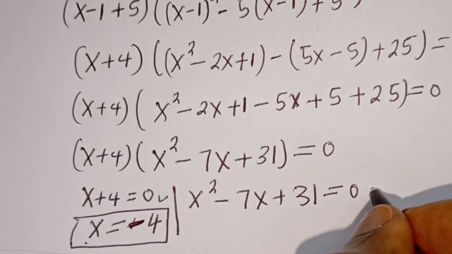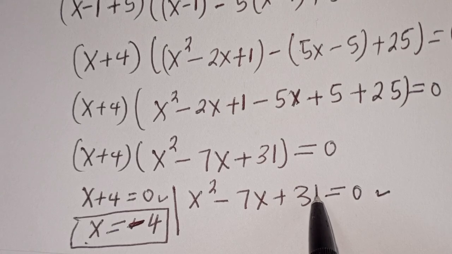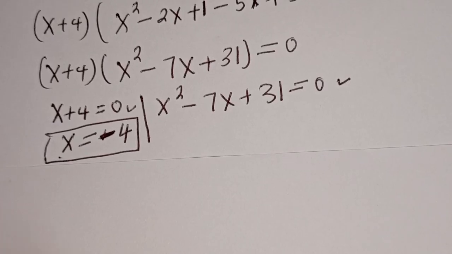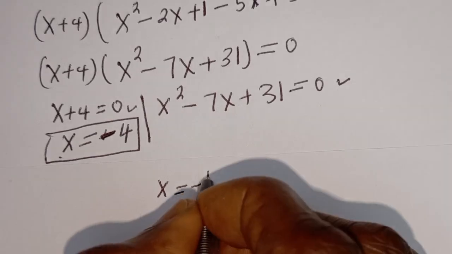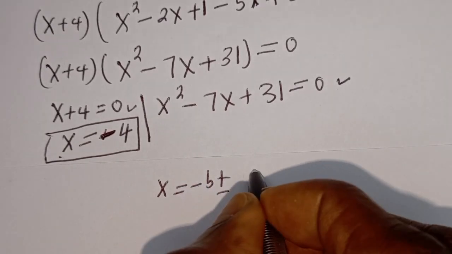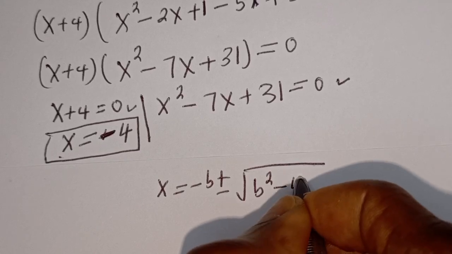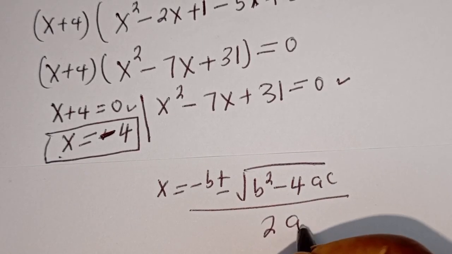Now let's consider the second case. If x squared minus 7x plus 31 is equal to 0, this is a quadratic equation which can be solved using the quadratic general formula. From the quadratic general formula, x is equal to minus b plus or minus the square root of b squared minus 4ac, divided by 2a.